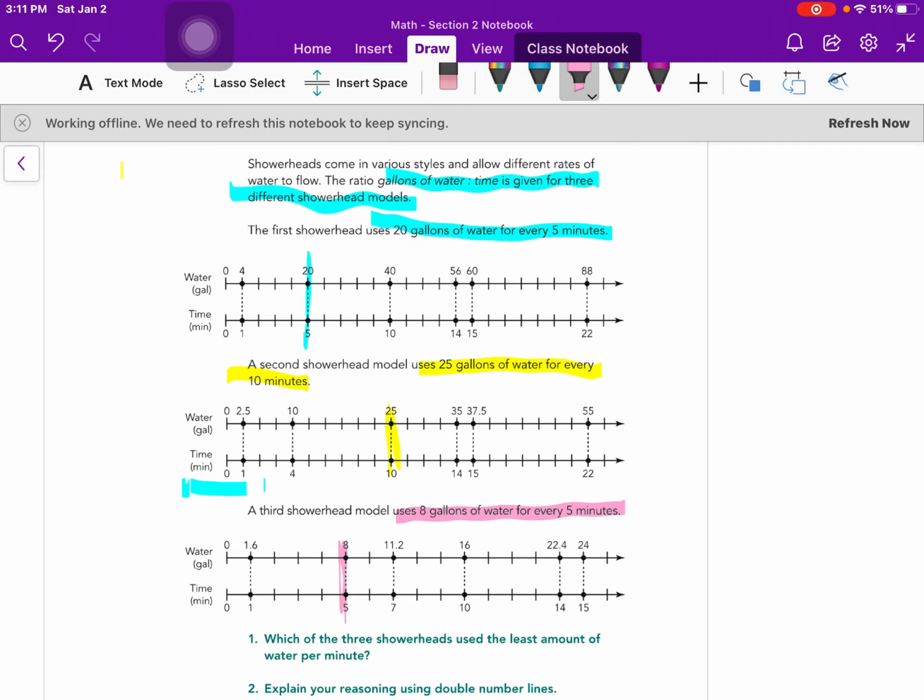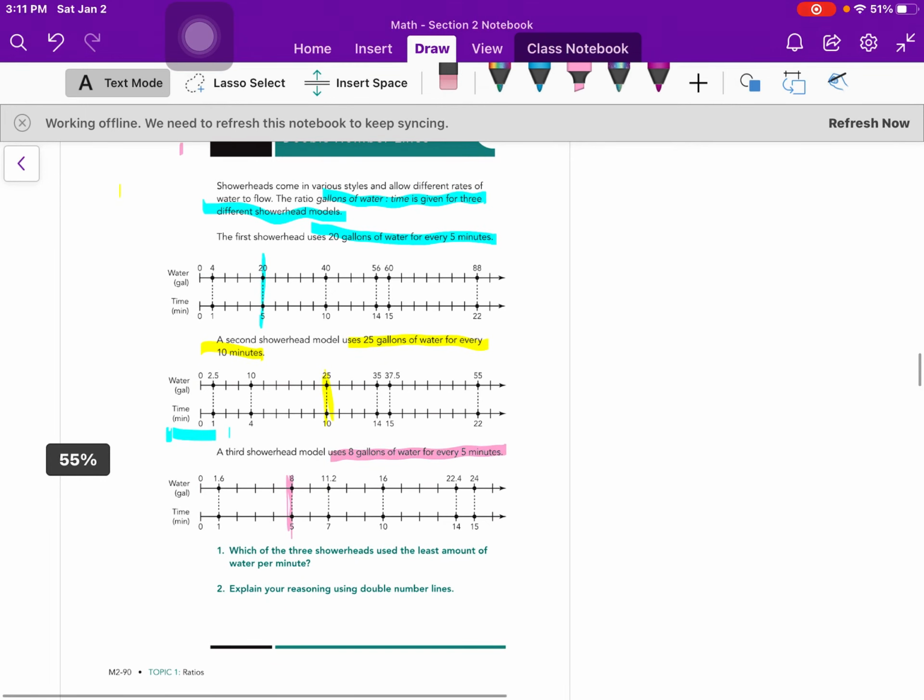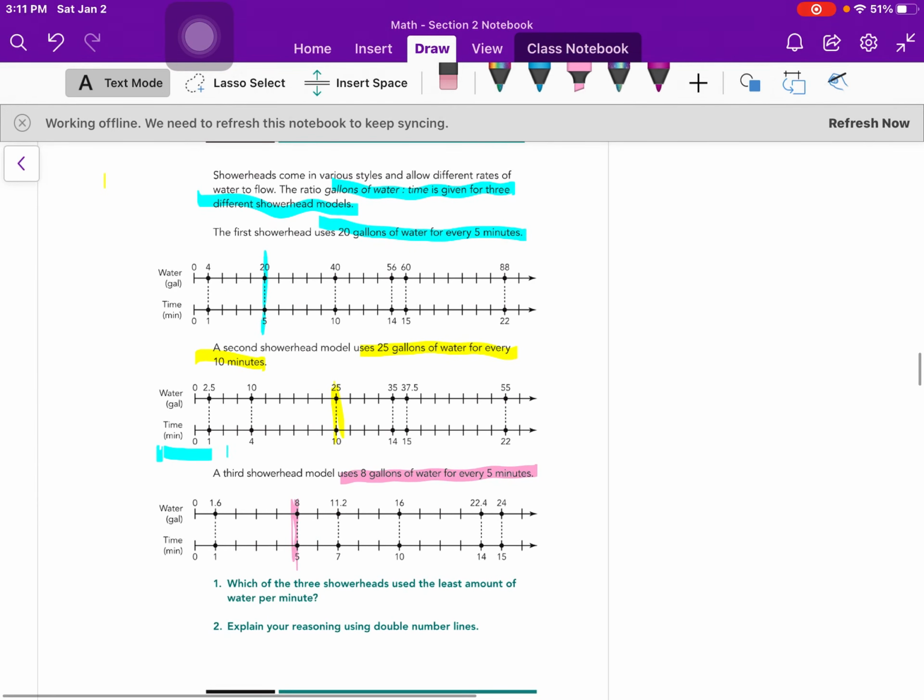That's 1.6 gallons for 1 minute, 11.2 gallons for 7 minutes, 16 gallons for 10 minutes, so on and so forth. So the 2 questions that they're wanting us to answer: which of the 3 shower heads uses the least amount of water per minute? Per minute. This is key.